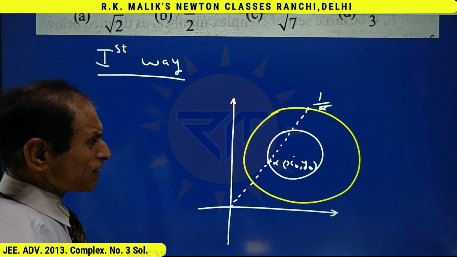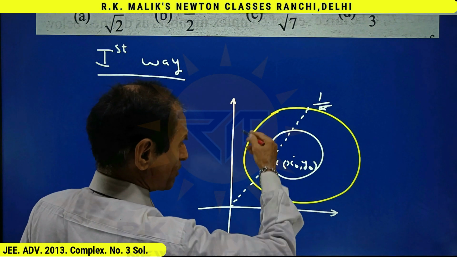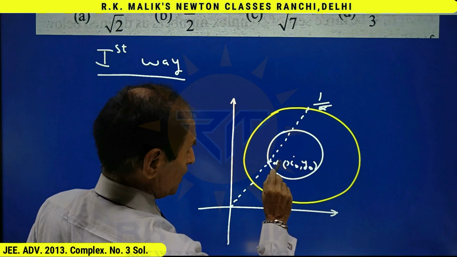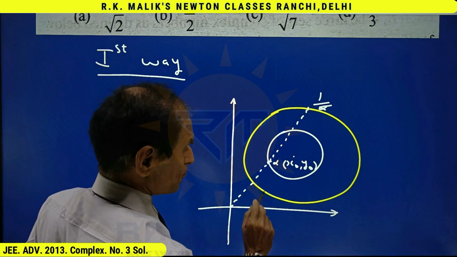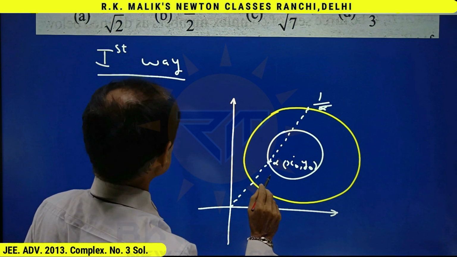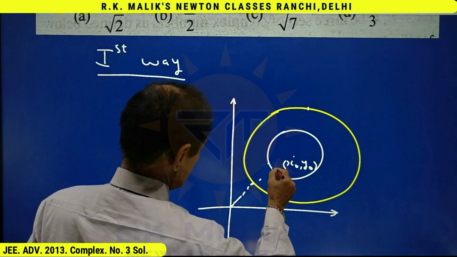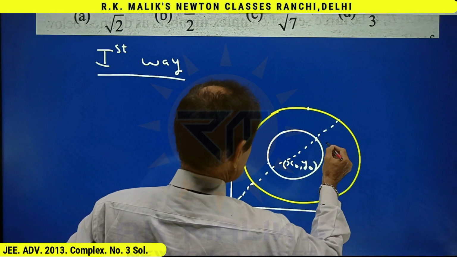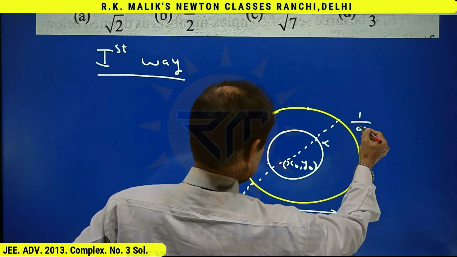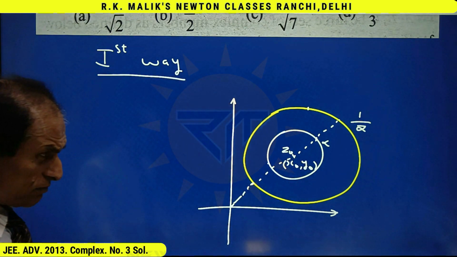Actually, because alpha can be anywhere on this circle and 1 upon alpha bar anywhere on this circle, I take alpha here and 1 upon alpha bar here, and z0 is somewhere here.